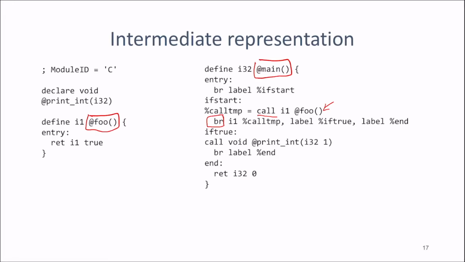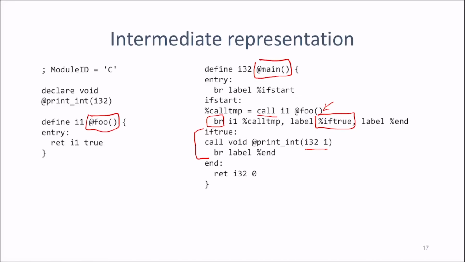So note, it's not assembly language yet. It's very close to assembly, but it's an assembly language that's going to be common across many different computer architectures. It checks the value, and then if it's true, it executes this part, which is the part that's in the if true block here. And again, it's straightforward.